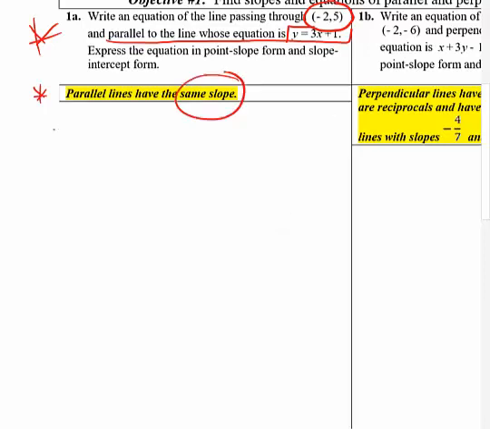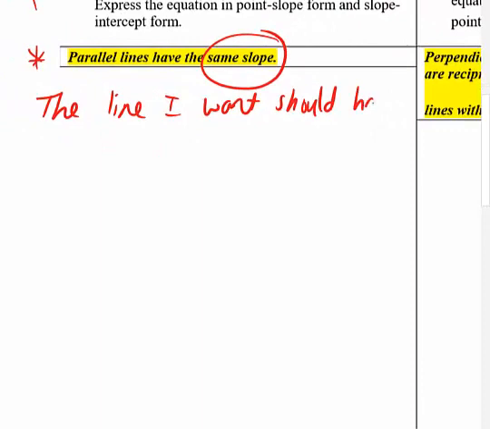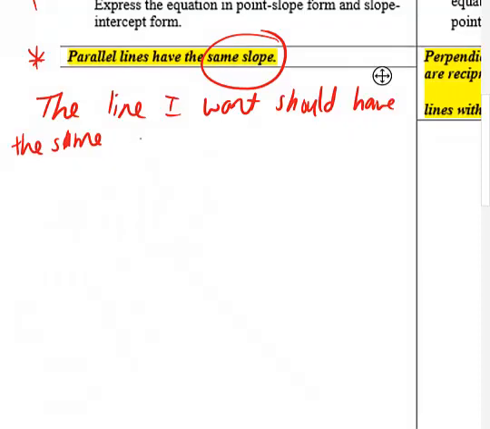So the line I want should have the same slope as the line given, which was y = 3x + 1.